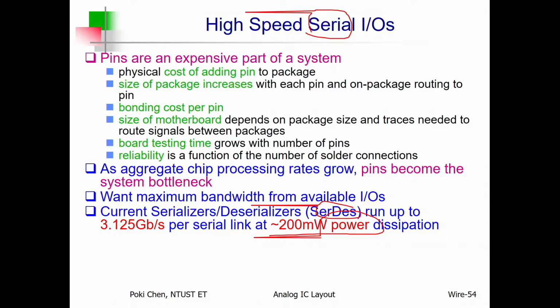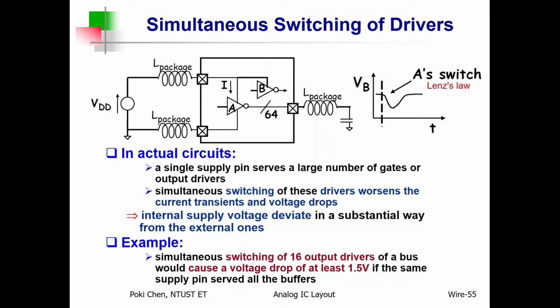You can see how expensive the I/O pins will become. So pins nowadays become the bottleneck of the system, and we need to pay attention to such high power I/O pins, especially for serial communication.